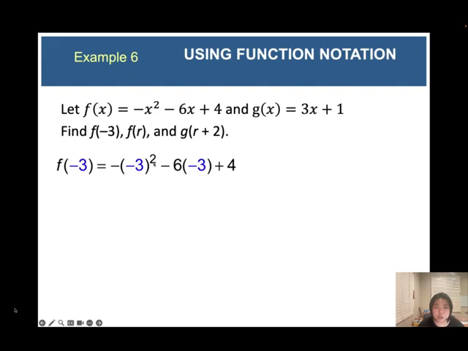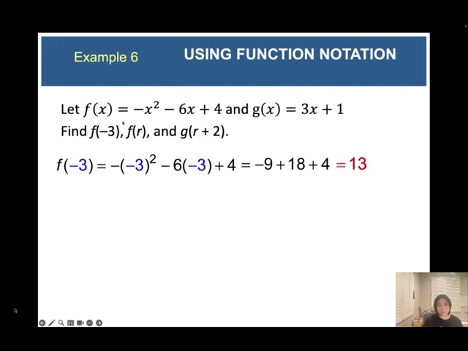-3 times -3, which is going to be +9, right? +9 times negative, so -9, negative becomes positive, +18 plus 4. Do the math here. You're going to get 13. Okay, plug in f.